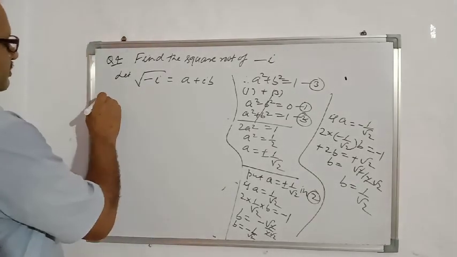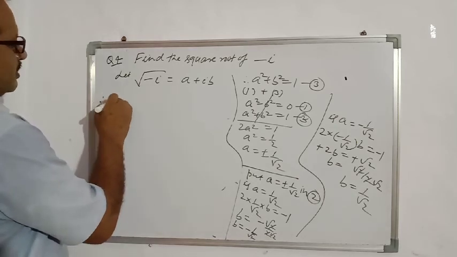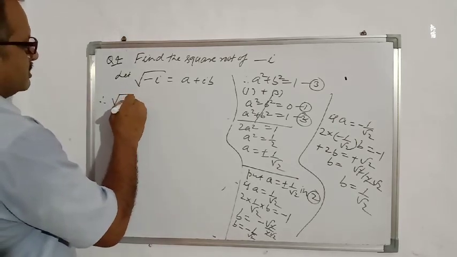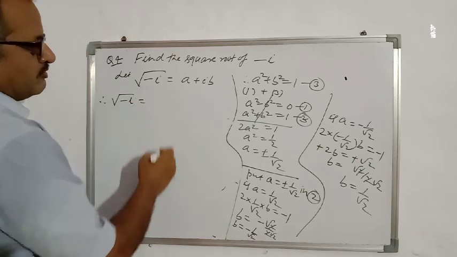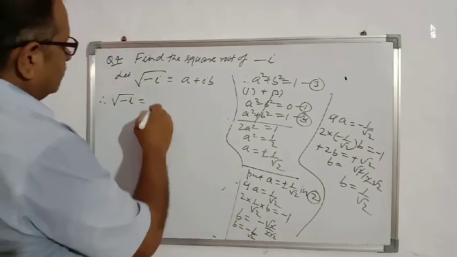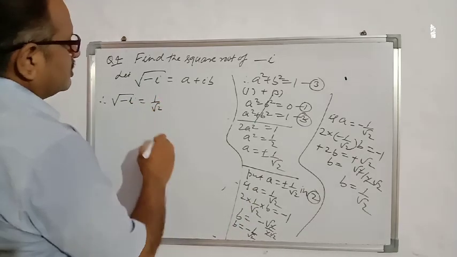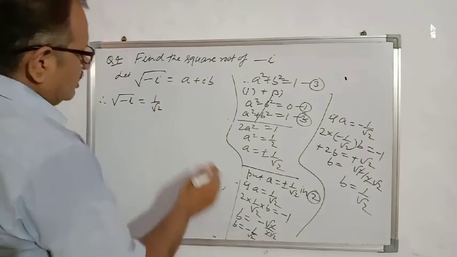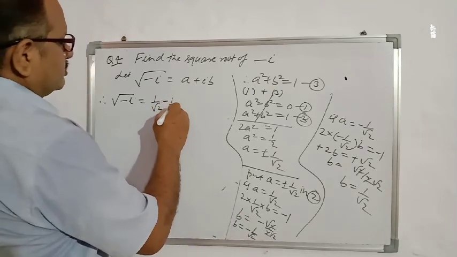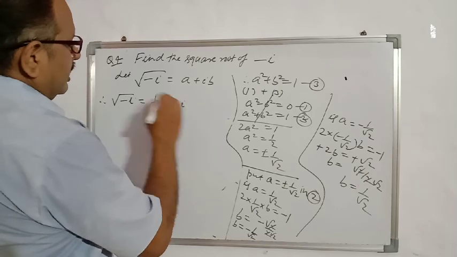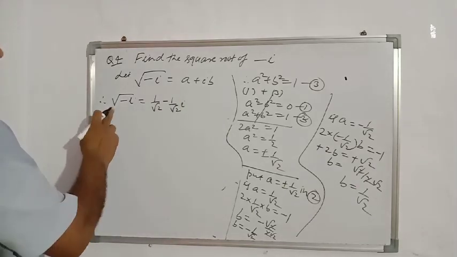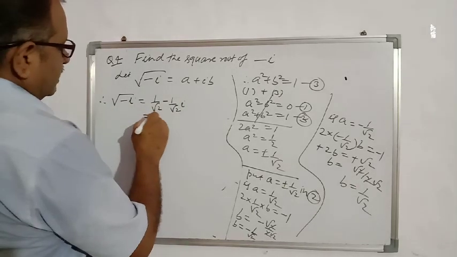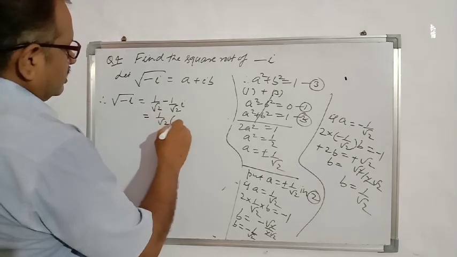So therefore, the square root of minus i will be, with a as 1 by root 2 and b as minus 1 by root 2, 1 by root 2 minus 1 by root 2 i. We can take 1 by root 2 common.